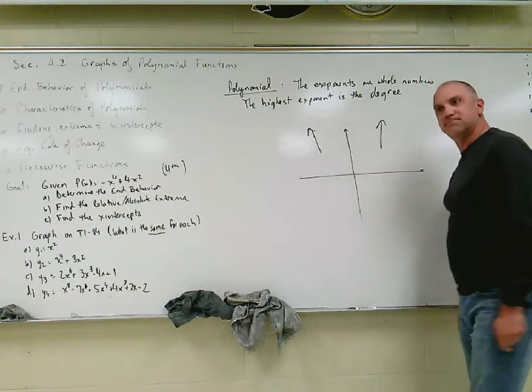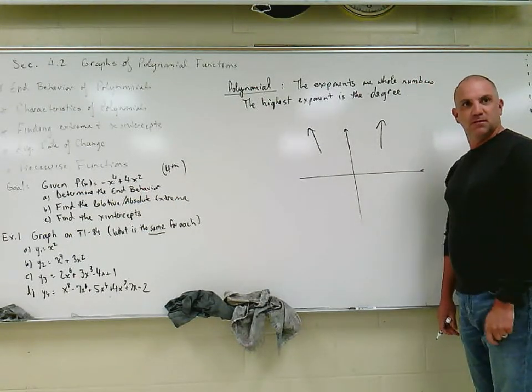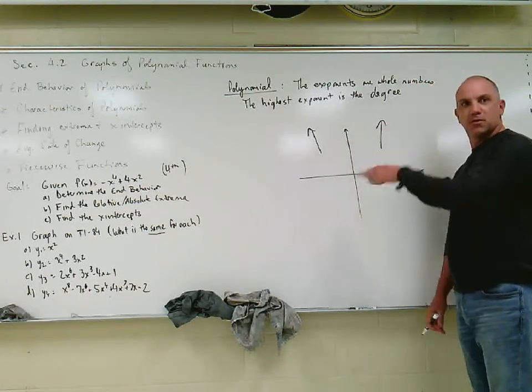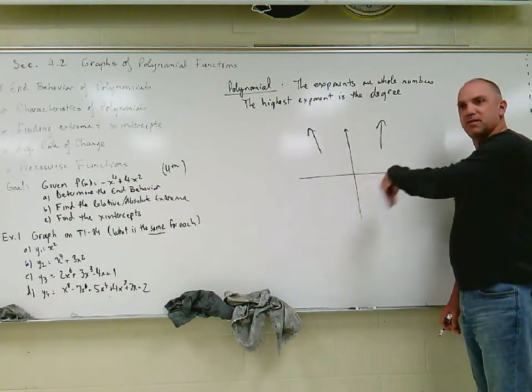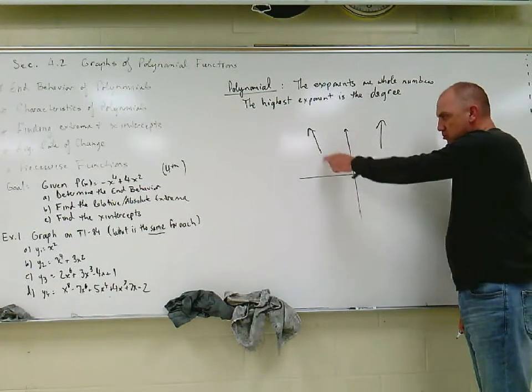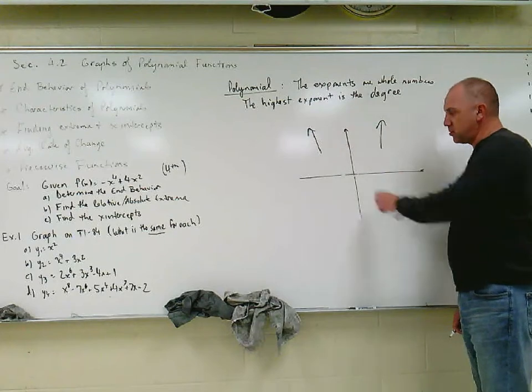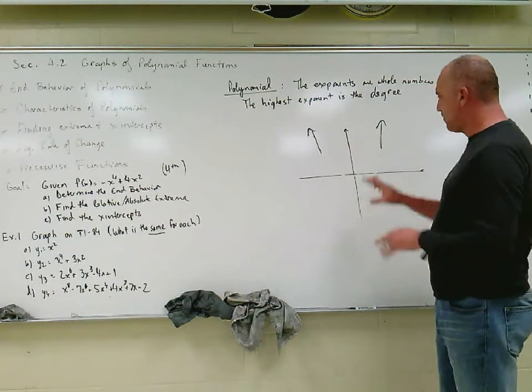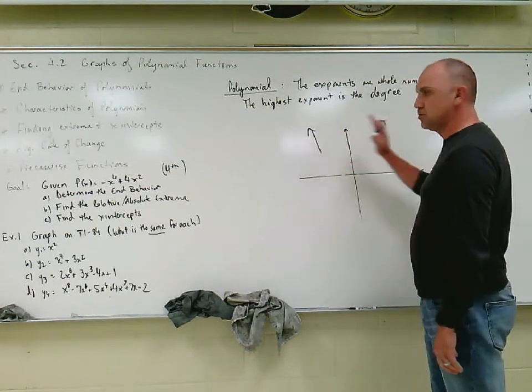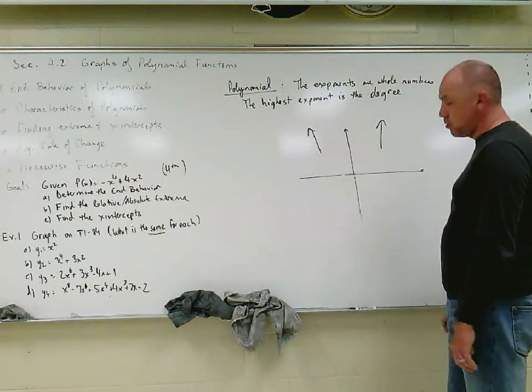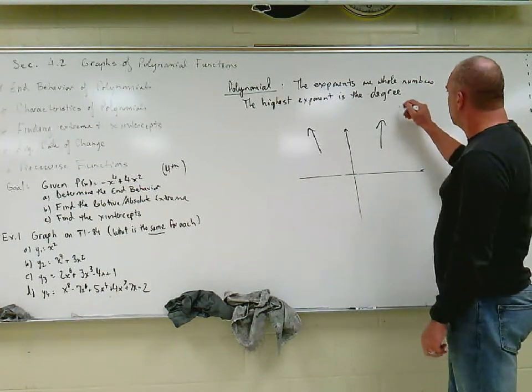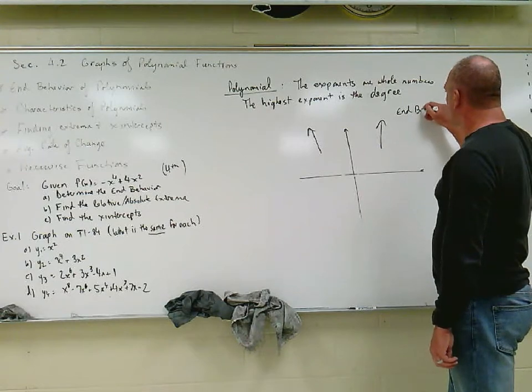Every one of them, as you go left, they go up, and as you go right, they go up. They all do different things down here. Of course, the x squared just bottoms out at 0, but they do different things in here. But one thing they all do is as you go left, they go up, and as you go right, they go up. That's called the end behavior. So the end behavior for all of those is the same.